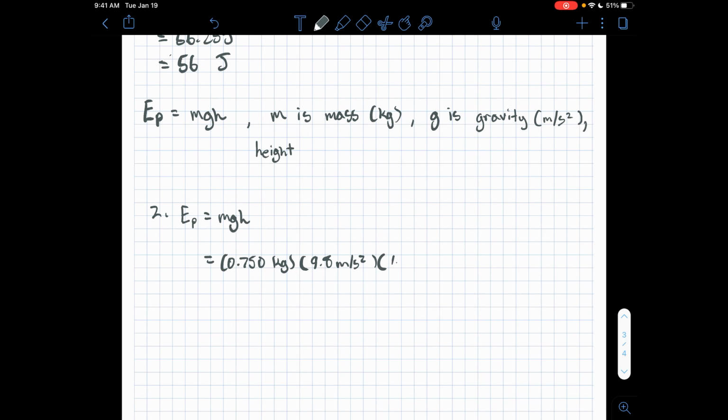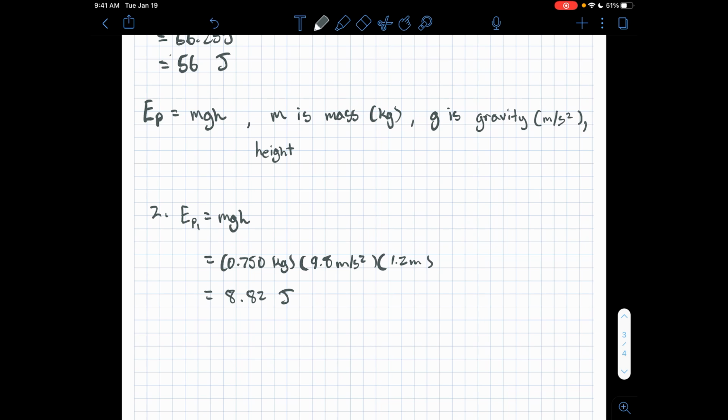And that is held at a height of 1.2 meters. Once we multiply everything out, that will equal 8.82 joules. That'll be the potential energy.